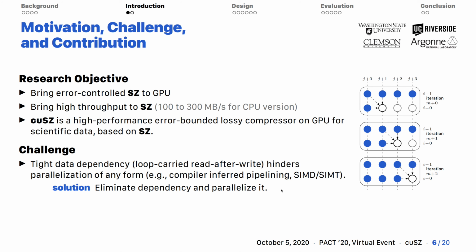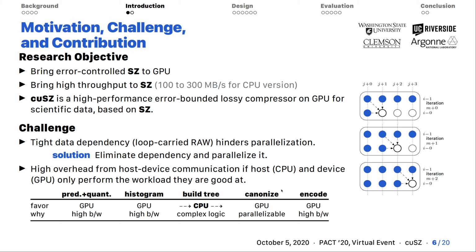The next challenge could be task scheduling. When we speak of GPU, we think of heterogeneous computing. It's about assigning tasks to the CPU and GPU based on the task features. But in our case, if we really do this, assigning the GPU and CPU to do the jobs based on what they are good at, we can see high overhead from host-device synchronization and communication.